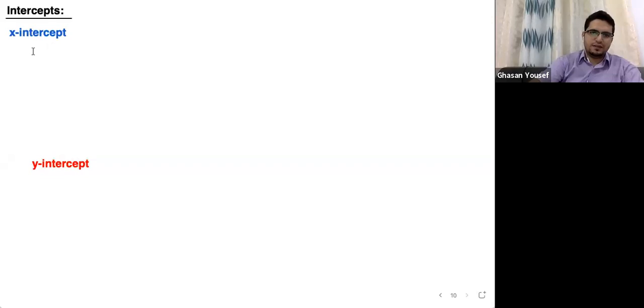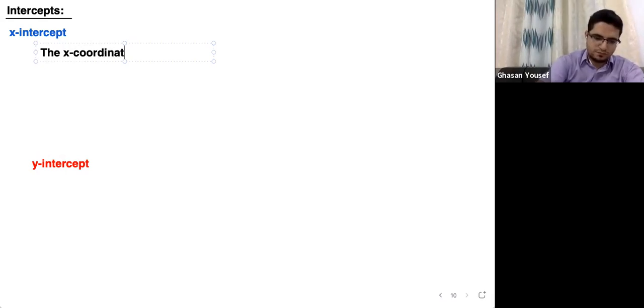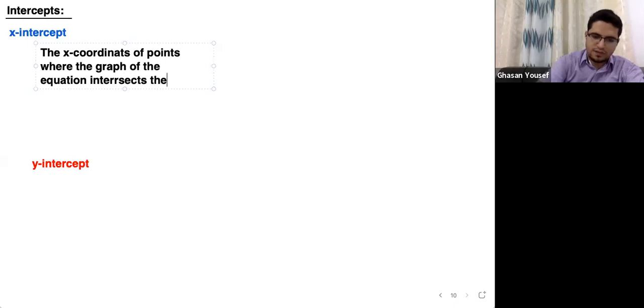So let me write down the definition of the x-intercept: the x-coordinate of points where the graph of the equation intersects the x-axis.